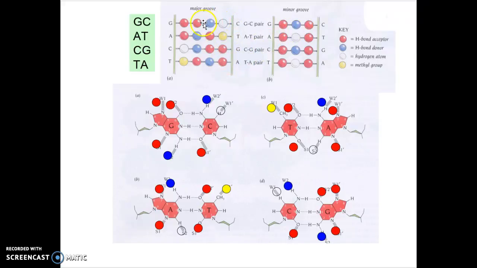First of all, each major groove has 4 binding sites, whereas there are only 3 binding sites in the minor groove. You also see the patterns are different for each individual base, G, A, C, T. However, the minor groove gives identical patterns for G and C, and for A and T.